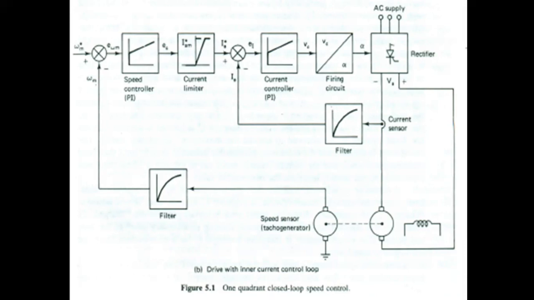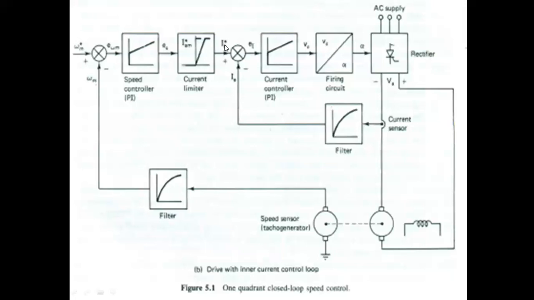The output of the speed controller, EC, is applied to the current limiter, and this sets the current reference IA star for the inner current loop.